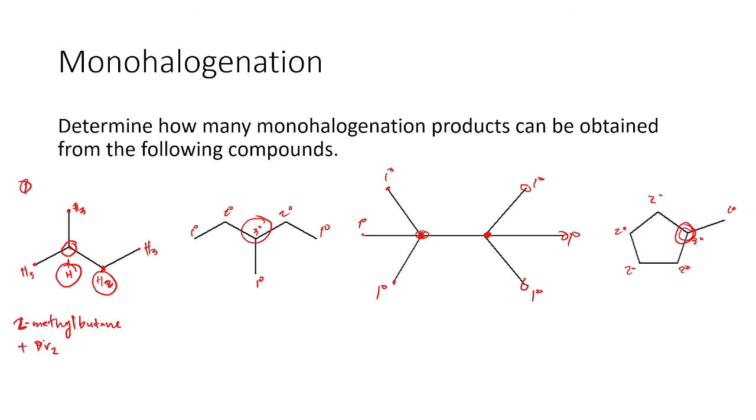So for bromine, ang mga possible na isomers natin, it will be 1-bromo-2-methylbutane. Pwede nyong i-drawing para malaman nyo kung anong itsura nitong 1-bromo-2-methylbutane.